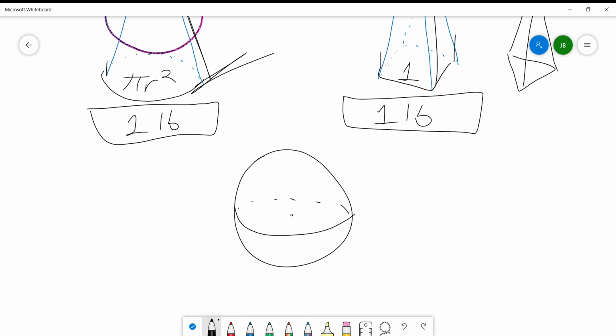The radius is the middle of the sphere to any point on the surface. And once again, we have a third involved, but this time it's 4 thirds times pi times the radius cubed. Because we're dealing with 3 dimensions, we cube the radius. That's the volume.